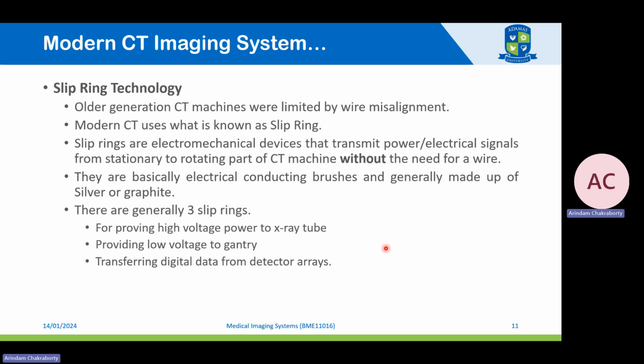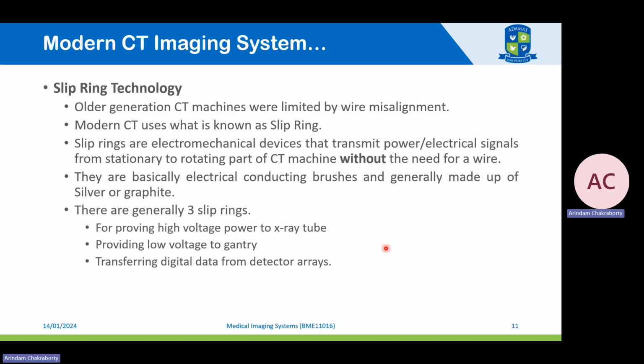So the modern CT uses something known as a slip ring to get rid of this wire misalignment or twisting or tangling of wire. A slip ring is an electromechanical device that transmits power or electrical signals or any other signal from the stationary to the rotating part of the CT machine without the need for a wire.